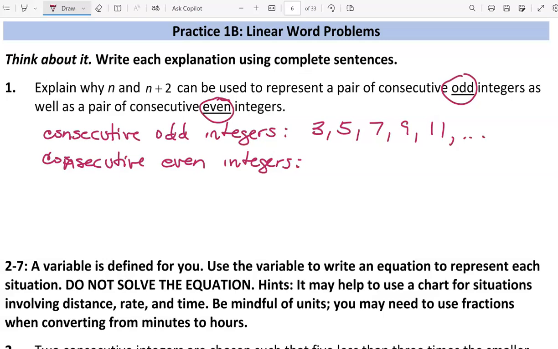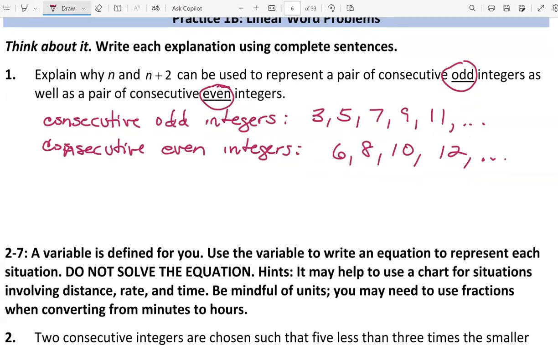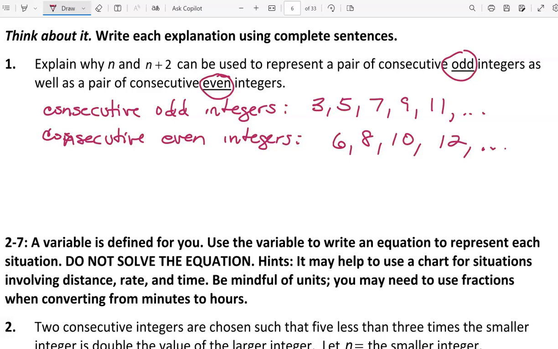So for instance, if we start with the number 6, the next is 8, the next is 10, the next is 12, etc. And so what you'll notice about these lists is that each list, the next consecutive integer, whether odd or even, is formed by adding 2 to the previous one.